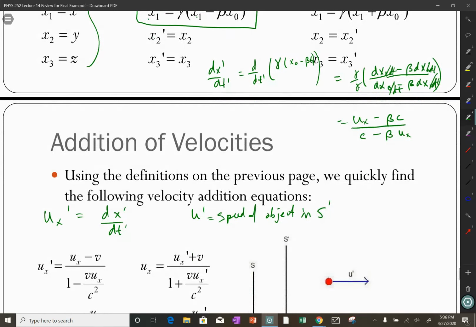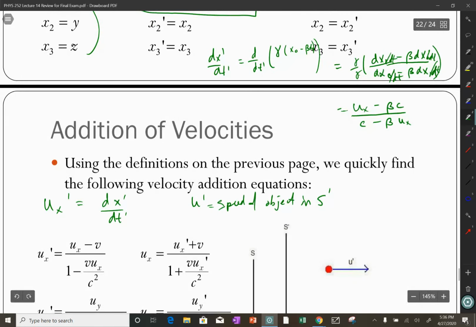That's equal to ux minus v over c minus v ux over c.